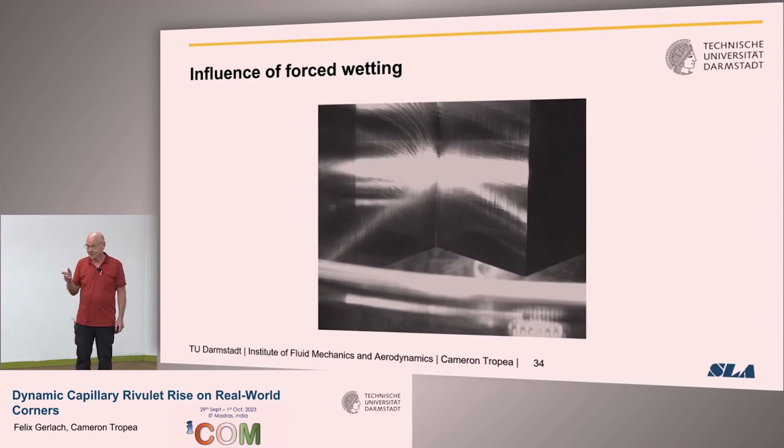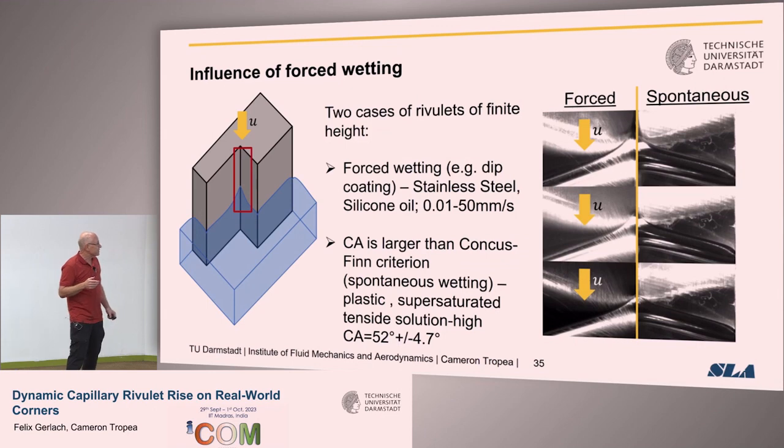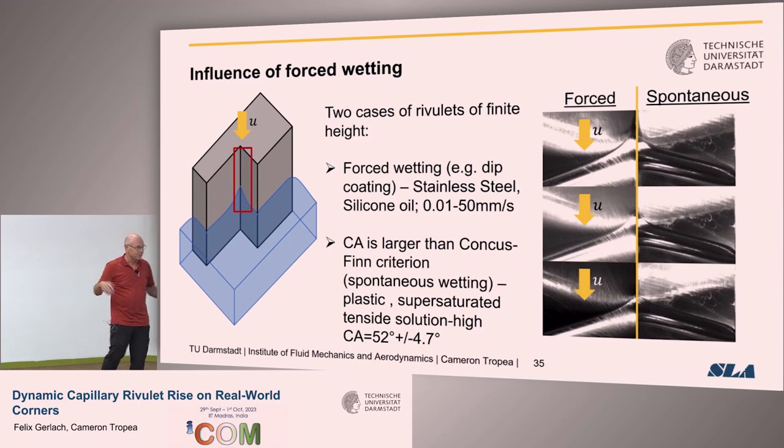rivulets of finite height. And the reason is there are two reasons you can have finite height. One reason is if the sample is going down and the rivulet is trying to go up and they cancel out, then it ends up with a finite height and doesn't go up to infinity, of course. The other reason is if you don't fulfill this Concus-Finn criterion, then it doesn't go to infinity and it stops somewhere.